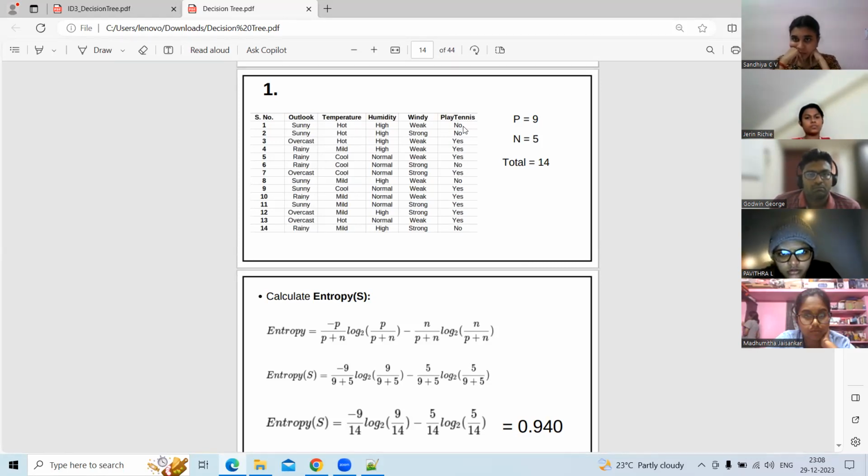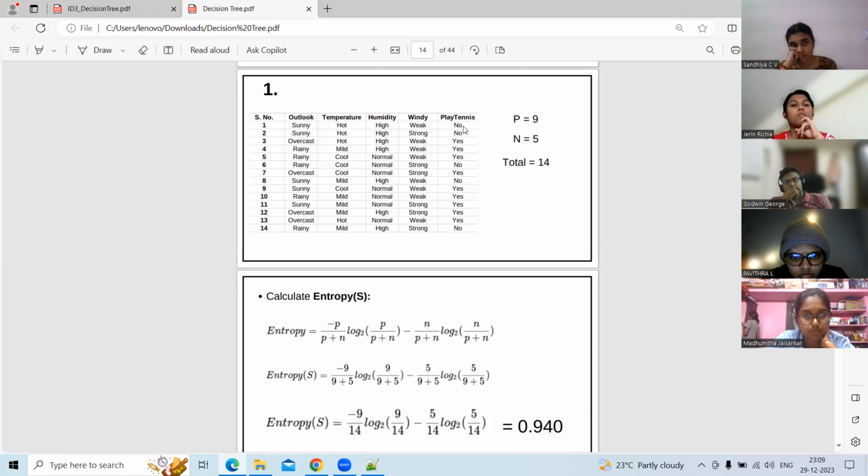By just going by this information, I'm calculating an entropy. So it is not technically the entropy of the data. It is the entropy of the target variable, in this case play tennis.